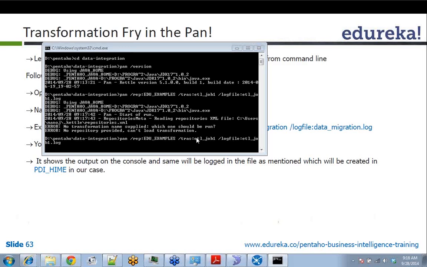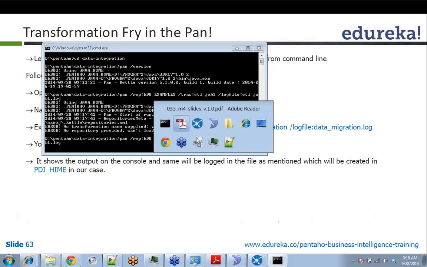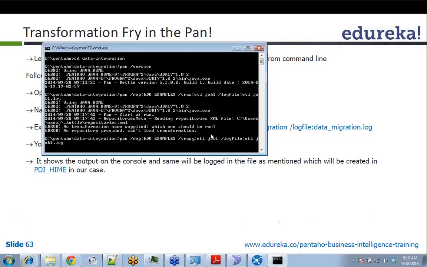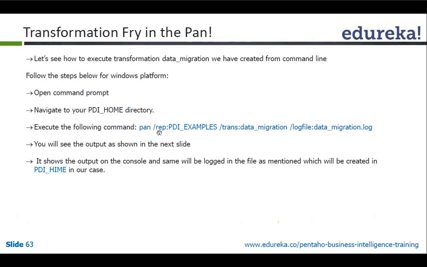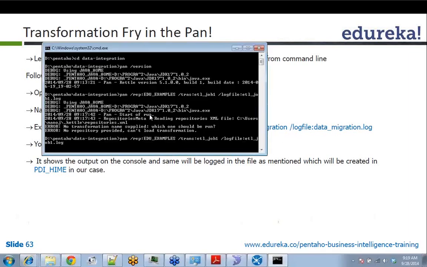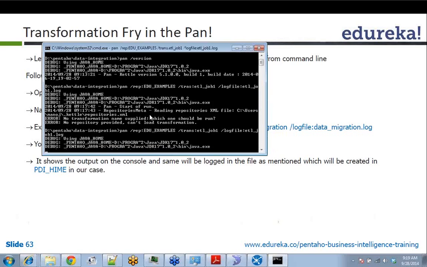So it is transformation, let me see it again, trans. It should be TRANS, and that's why it couldn't connect. So the rest of the stuff seems fine, and then I'm going to hit enter.